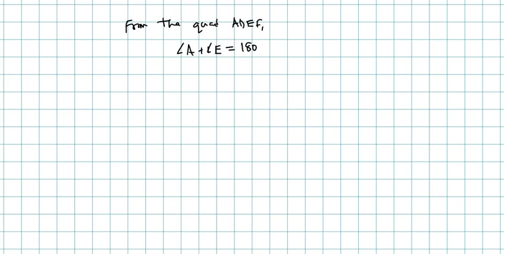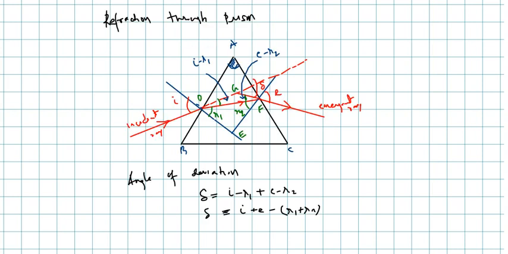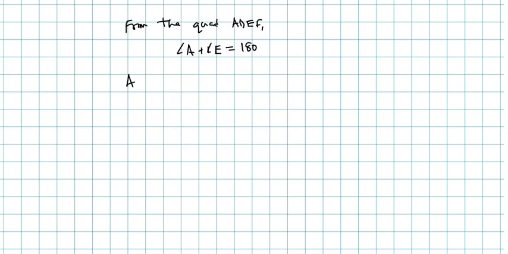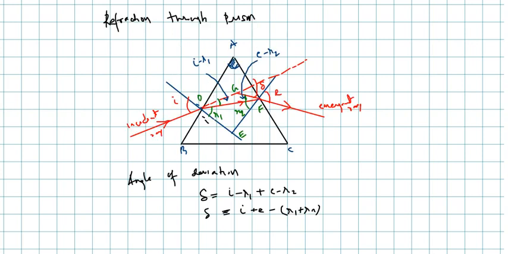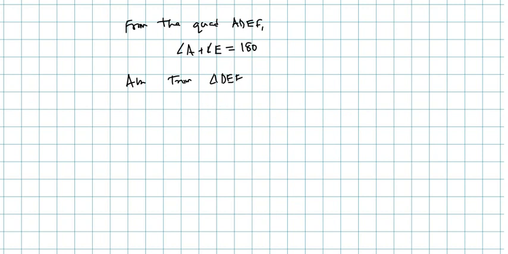Okay. Also from triangle DEF, this triangle, we can write r1 plus r2 plus angle E equals 180 degrees.